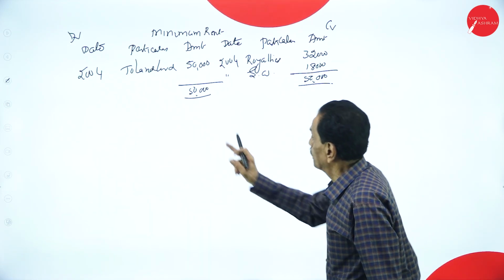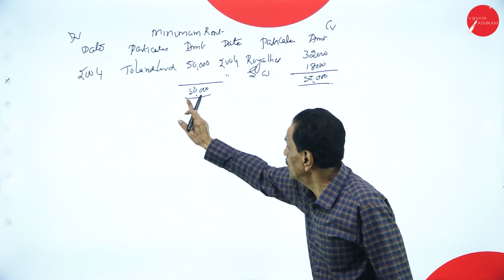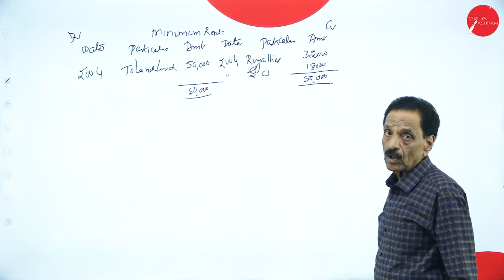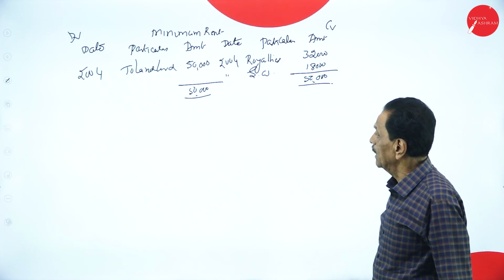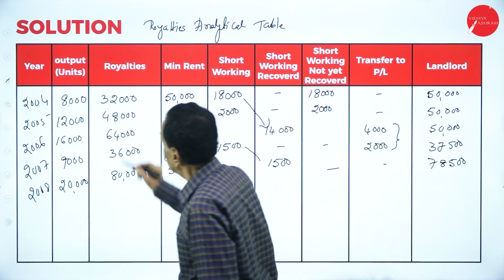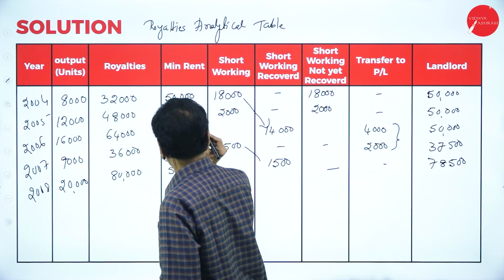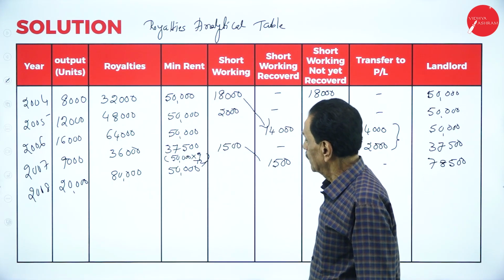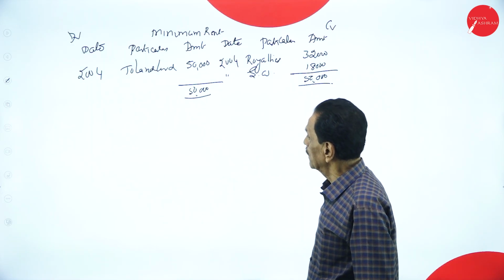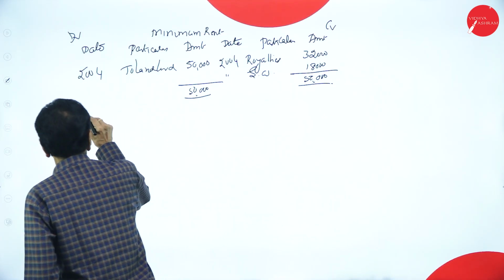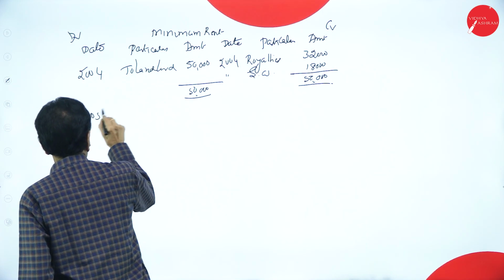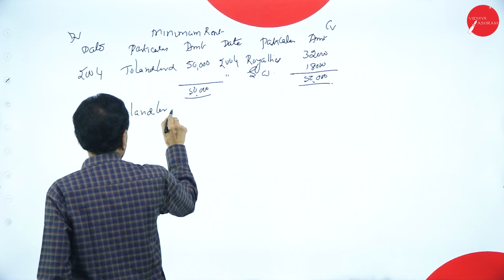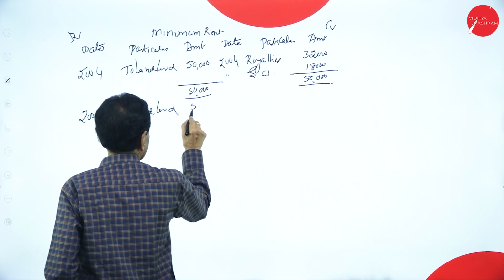How is it? We are paying the minimum rent to landlord. How much? 50,000. For that, how much royalty earned? 32,000. How much short working? 18,000. Goes to 2004. 2005. Once again, which is more? Minimum rent is more. So, you have to write minimum rent to landlord, 50,000.